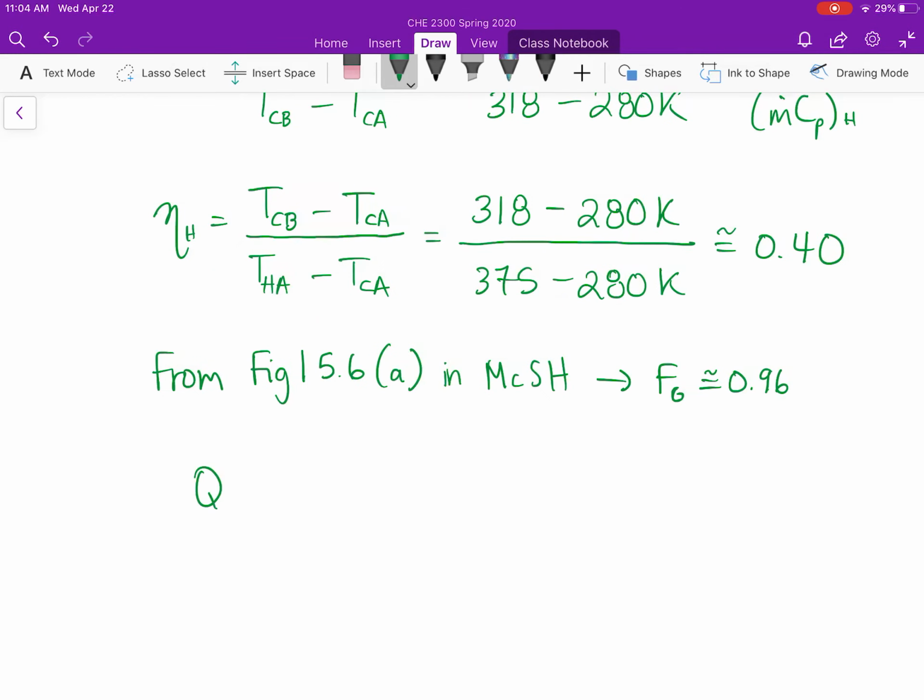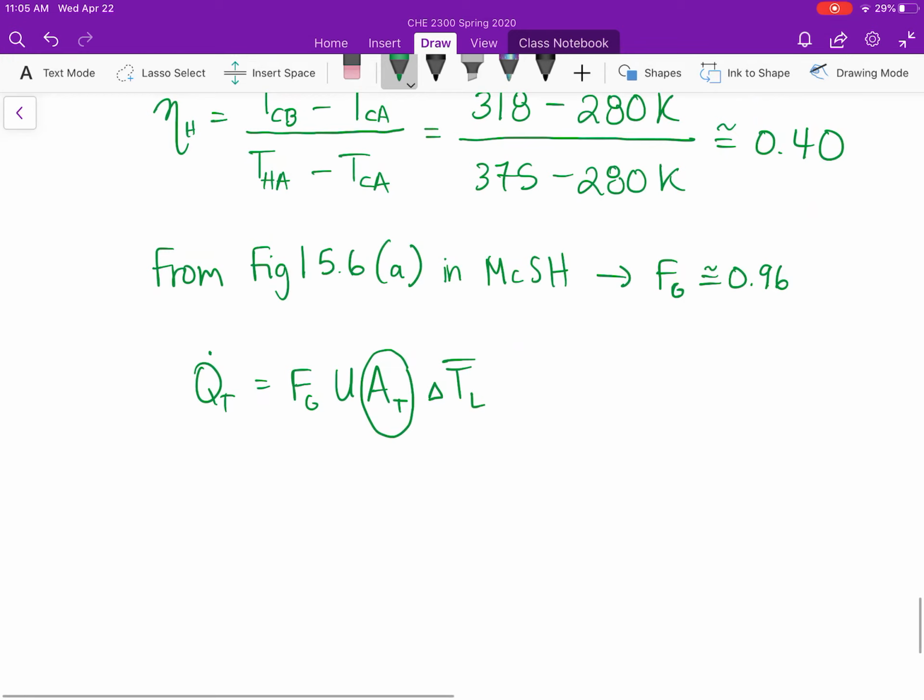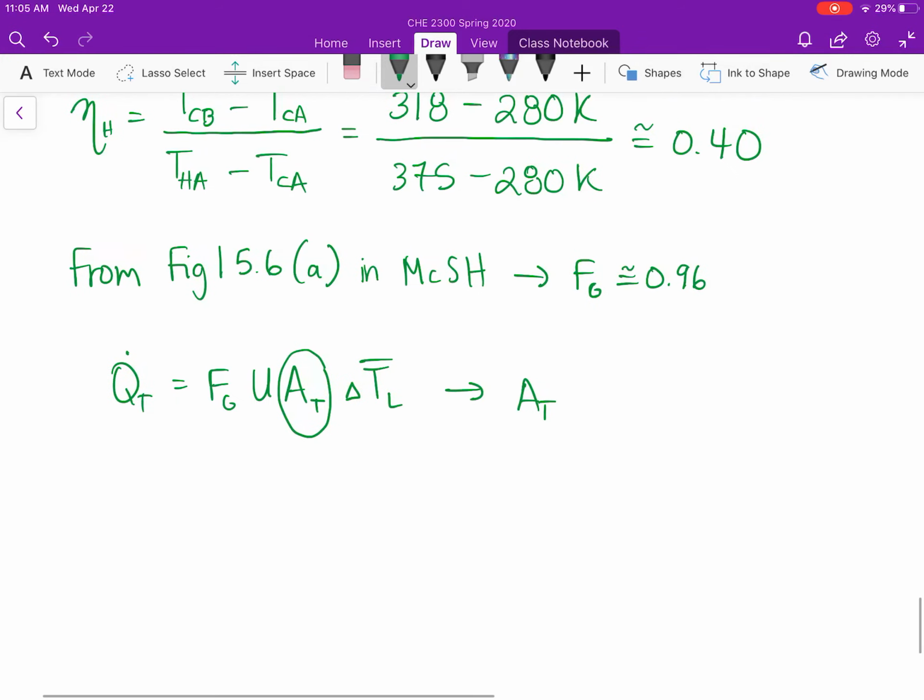Alright, so our design equation for multiple pass heat exchangers is Q sub T, our rate of heat transfer, is equal to our correction factor multiplied by our overall heat transfer coefficient multiplied by the total area of heat transfer. This, of course, is what we are trying to find, and that is multiplied by the log mean temperature difference. So let me just rearrange this equation for the term we are trying to solve for.